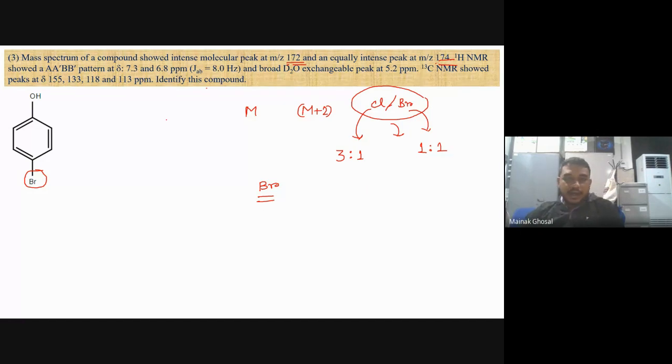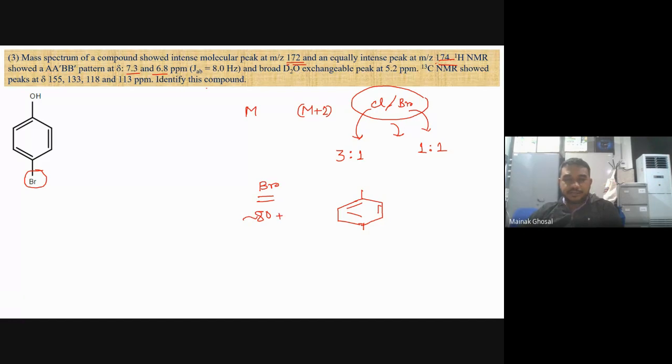Now the A'B' pattern at delta 7.3 and 6.8 here indicates a para-disubstituted compound. So I am left with bromine, which I took as almost 80.